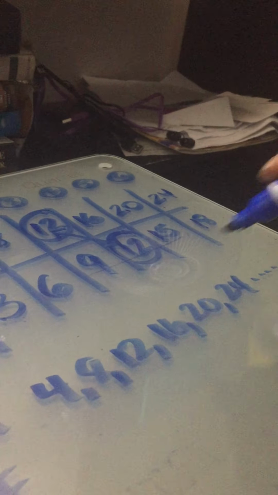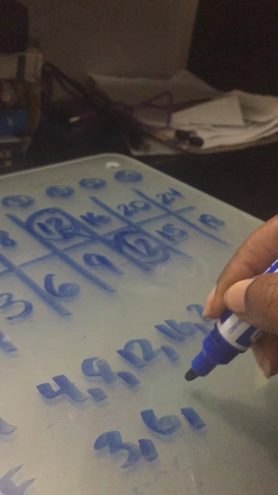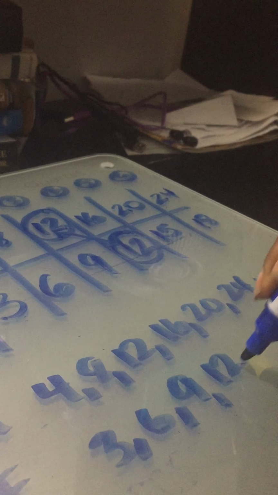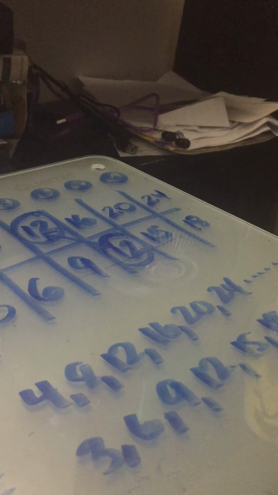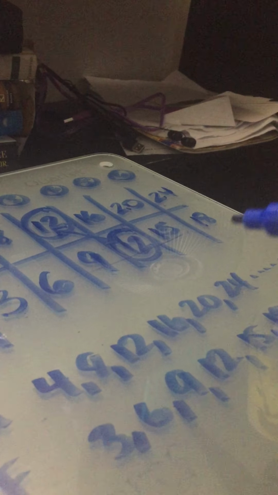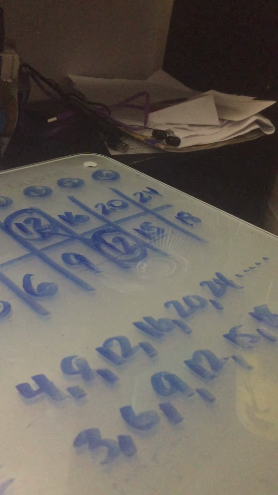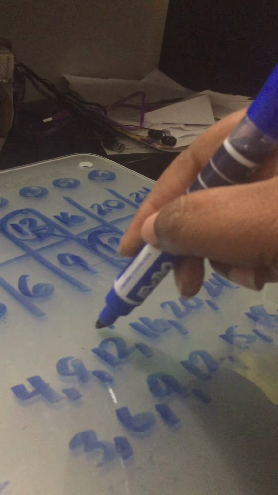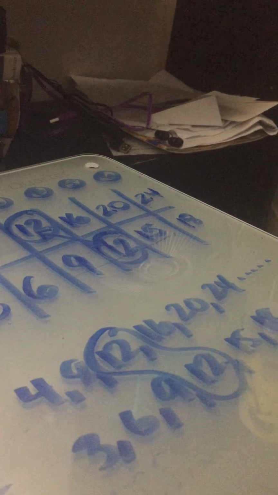The factors of 3 would be 3, 6, 9, 12, 15, 18, and so on. Which factor do they both have in common? The least is 12. They have 12 in common.